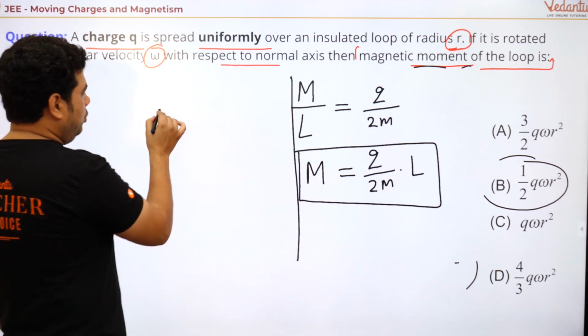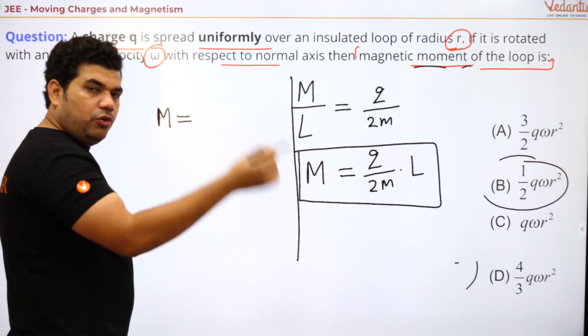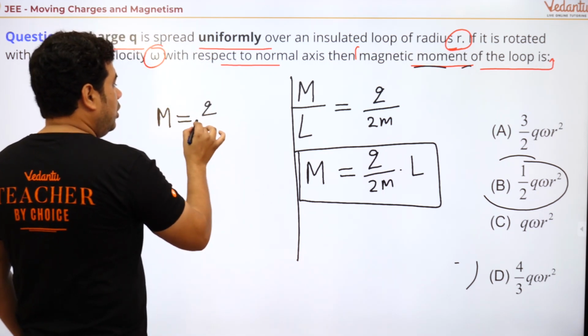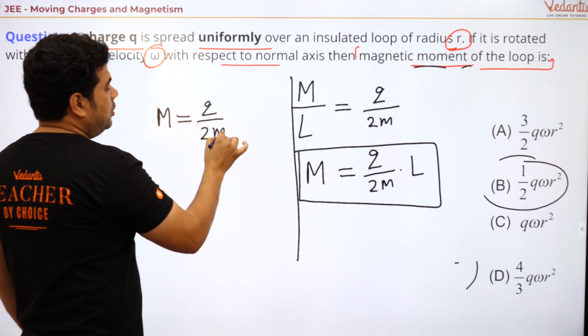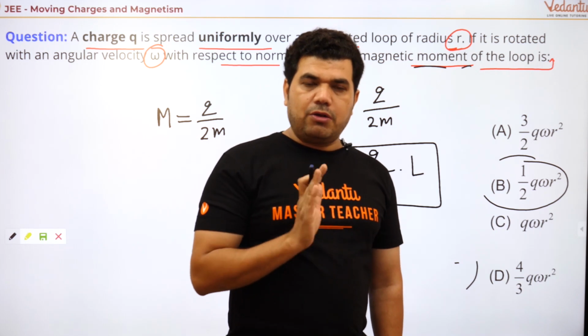देखिए इसमें कैसे होगा. मैग्नेटिक मोमेंट हमको पता करना है. What is the total charge spread over? That total charge is Q. What is the mass? Mass is suppose m, so this is 2m. L, what's L here? L is the angular momentum.